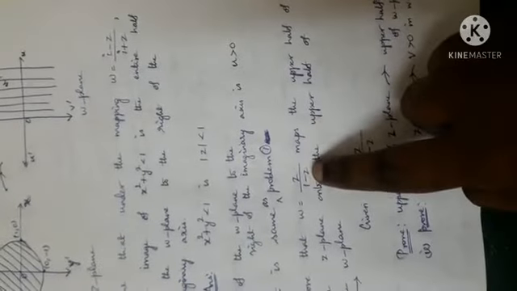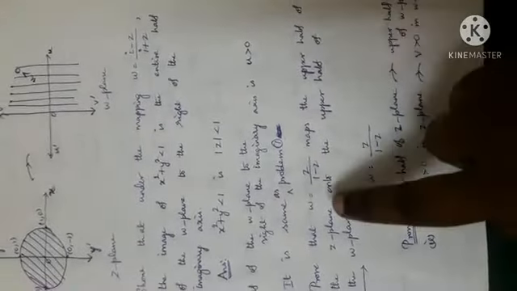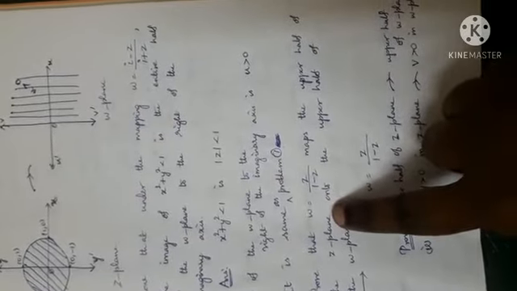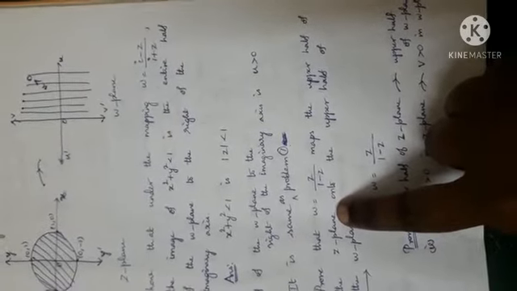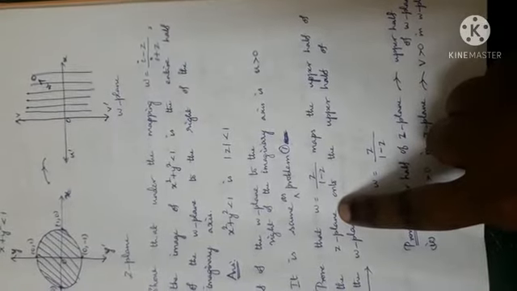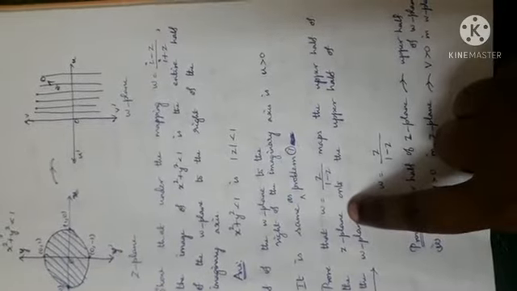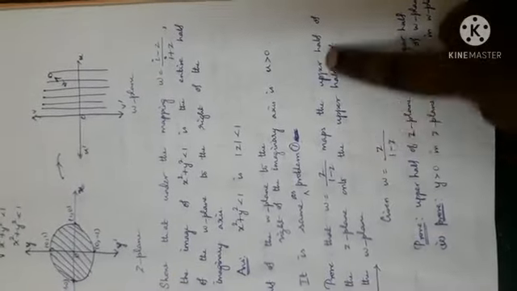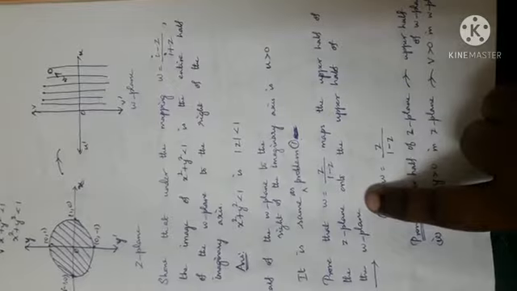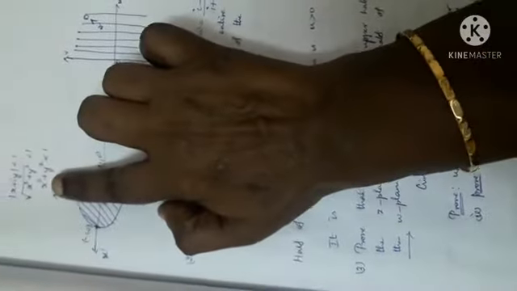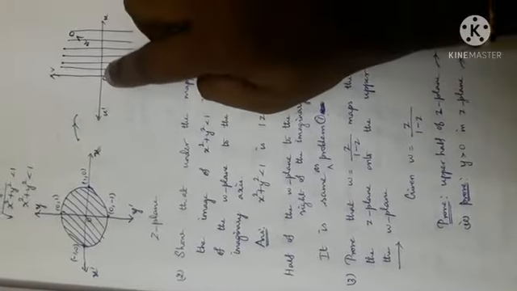Prove that w is equal to z by 1 minus z maps the upper half of the z plane onto the upper half of the w plane. You know, the upper half of the z plane is y greater than 0, and the upper half of the w plane is positive v, both sides v greater than 0.